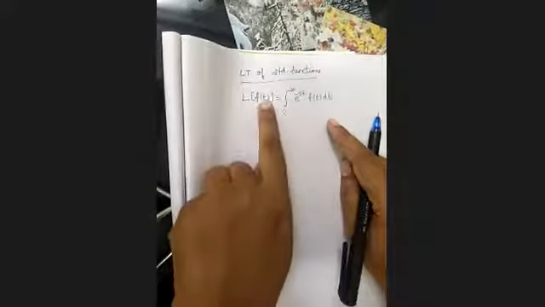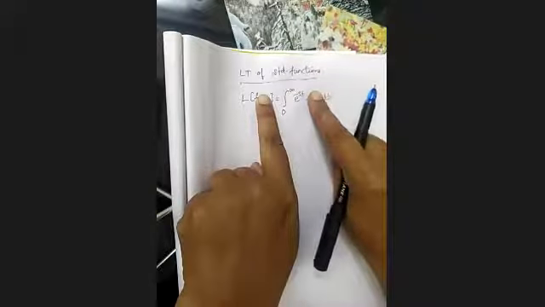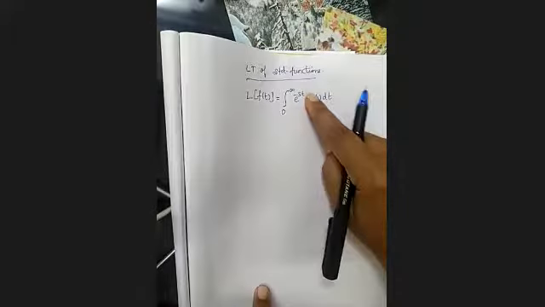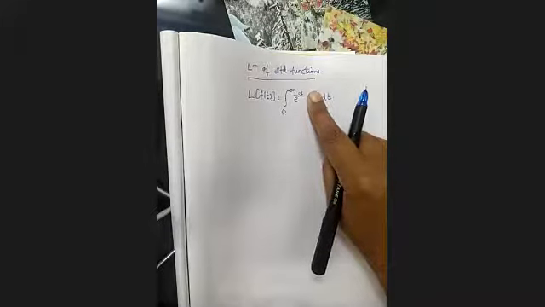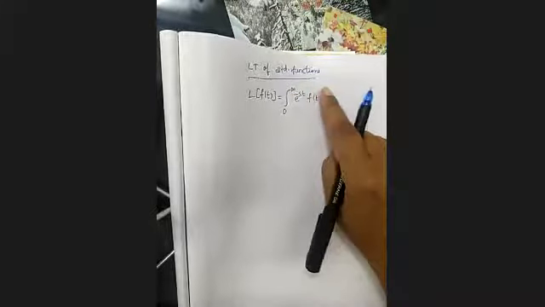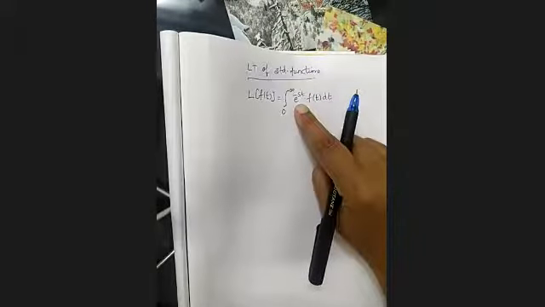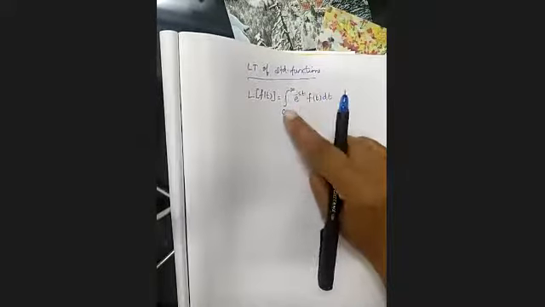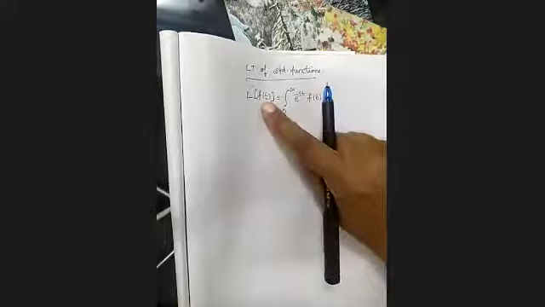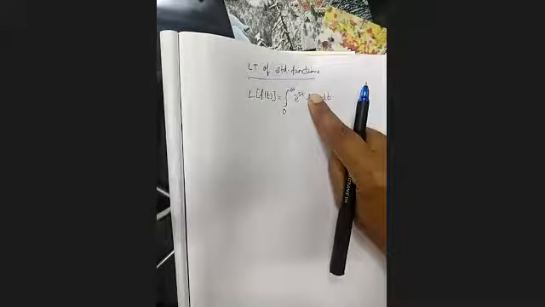If I replace f of t by some a, here I have to replace it by a. Means what you change in this square bracket, the change occurs only here. Other quantities are the same: the exponential is fixed, the integral limits are fixed, everything is fixed. So what you change here, that change will appear here. Am I clear with the definition?